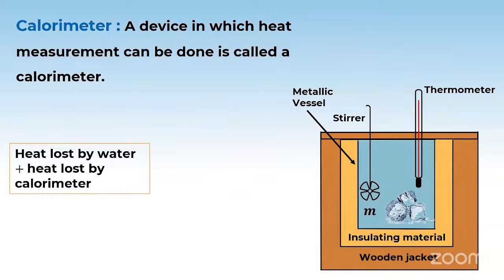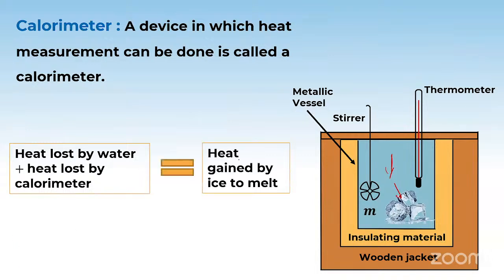So heat will be lost by the water because this water transfers heat to the ice, plus heat lost by the calorimeter if there is a calorimeter attached, equals the heat gained by the ice to melt.